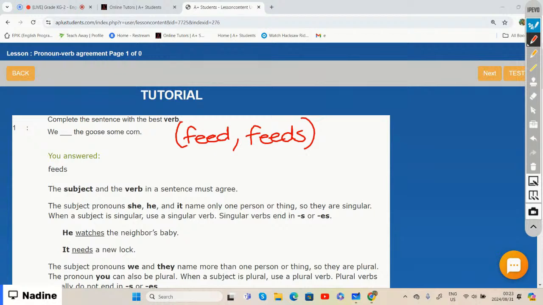Which one is correct? So which one is correct?